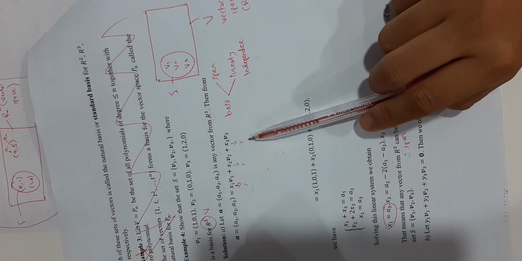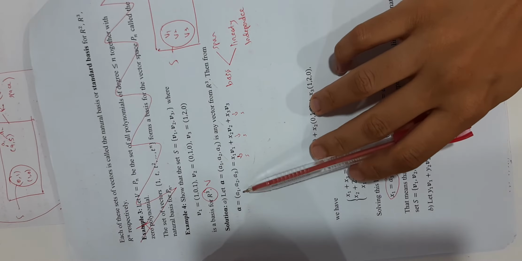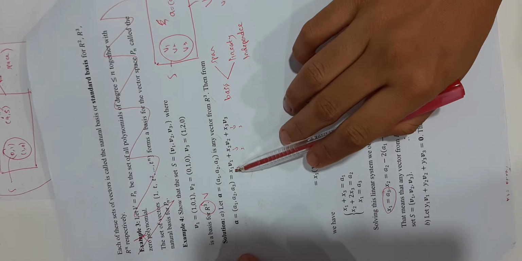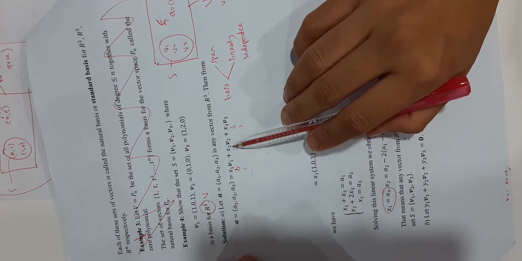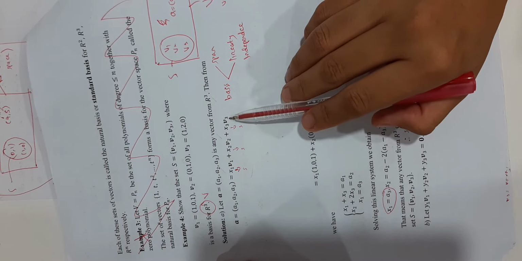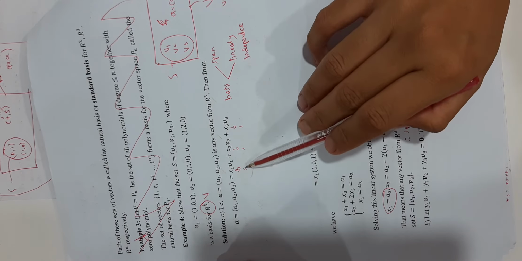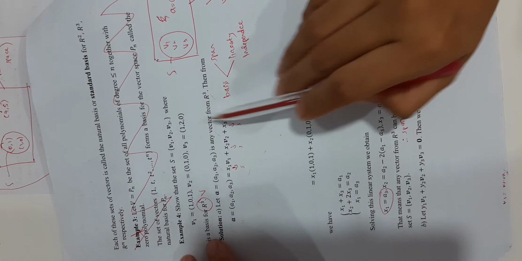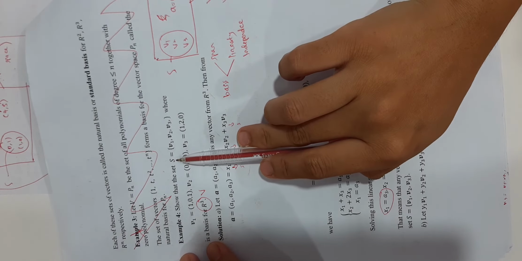For the span part, you pick any vector from R3, let's say A = (a1, a2, a3), which can be any vector inside R3. And it equals x1 v1 plus x2 v2 plus x3 v3. So x1, x2 and x3 are scalars, and v1, v2 and v3 are vectors that come from the set S.